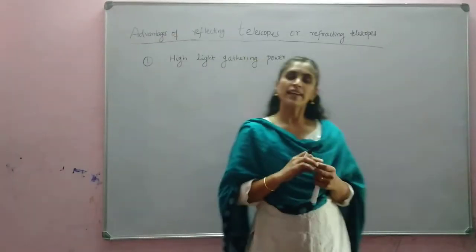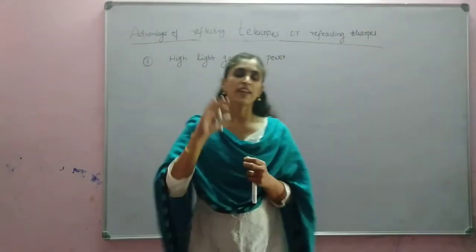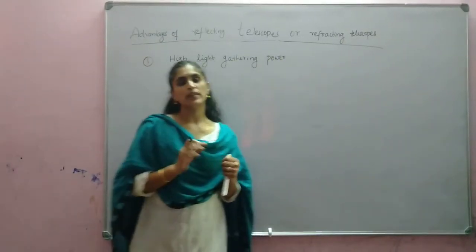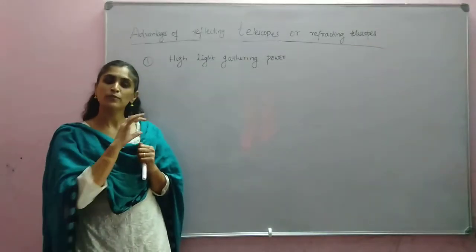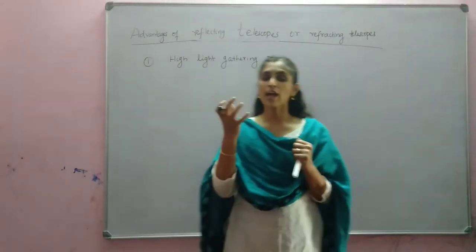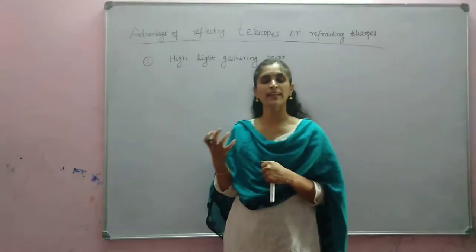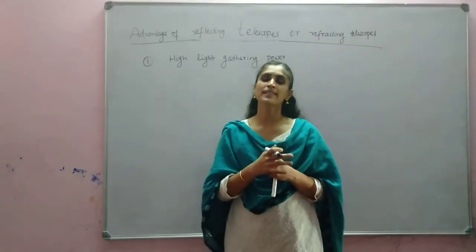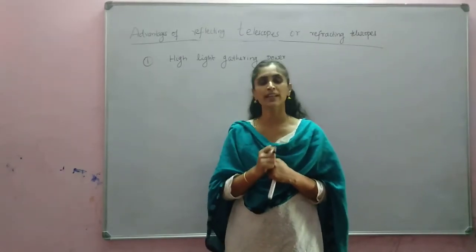What is meant by high light gathering power? We are using either a concave mirror or a parabolic mirror as the objective mirror. So more light will be collected by the mirror, and the absorption of light by the mirror is less in comparison with the absorption of light by the lens.